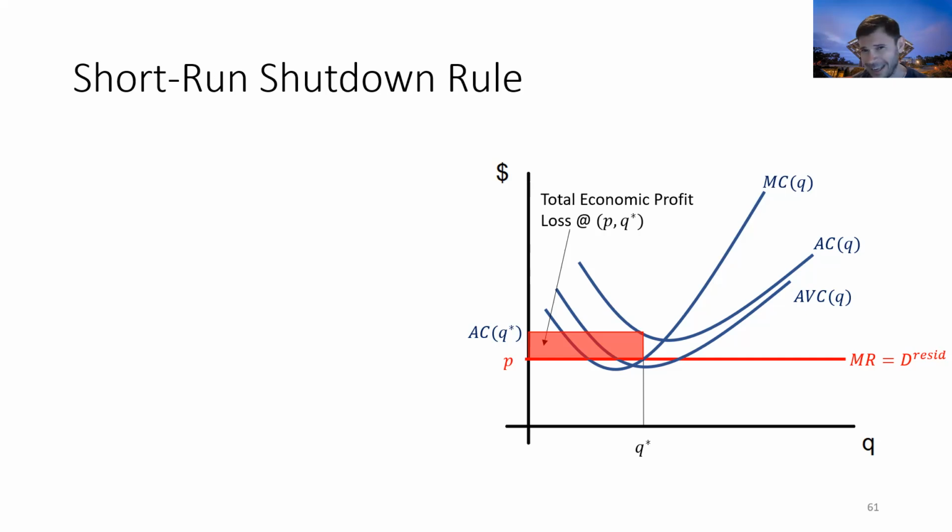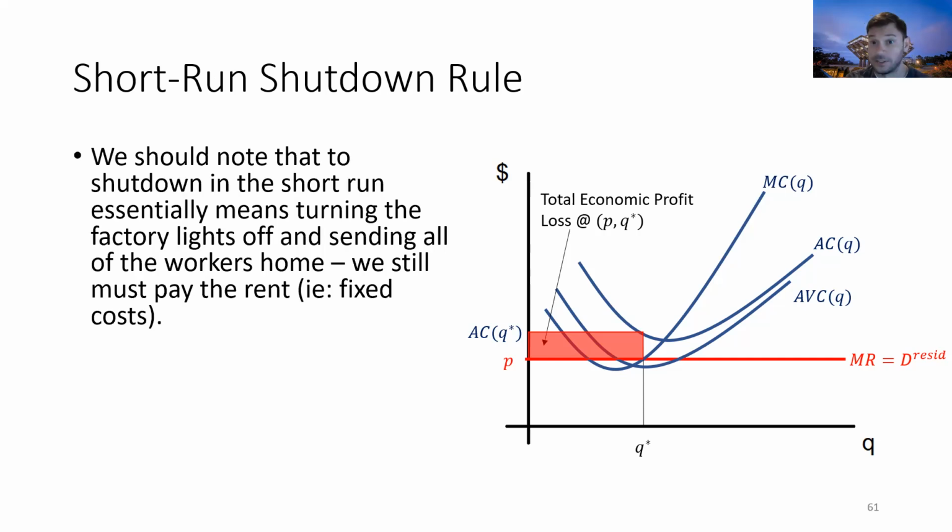So in the short run, I can't sell my factory, but I can send everyone home and turn off the lights. But I still have to pay that sunk fixed cost. My rent, that's gone. I paid that. Whether the workers are there or not, I'm paying for my factory.